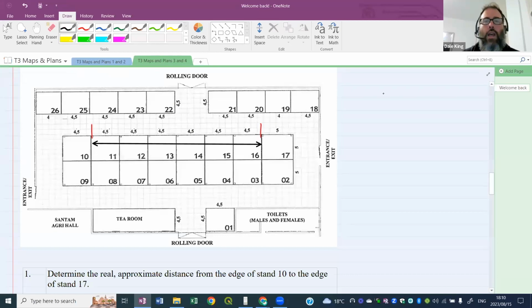Anybody in chat? Anybody? Somebody. If you want me to zoom in, I'll zoom in. Speak to me, guys. I need the distance. Remember these little markings here, the 4,5 and the 4,5 and the 4.